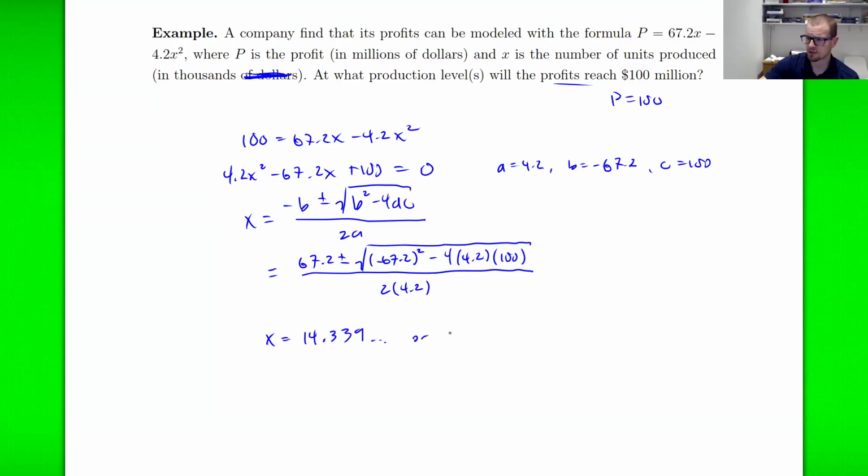Or x is equal to 1.6604, and that also keeps going.